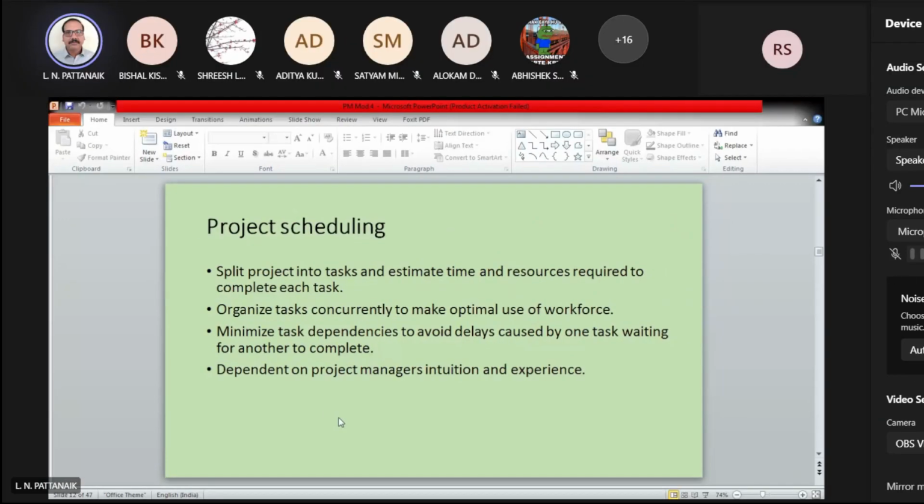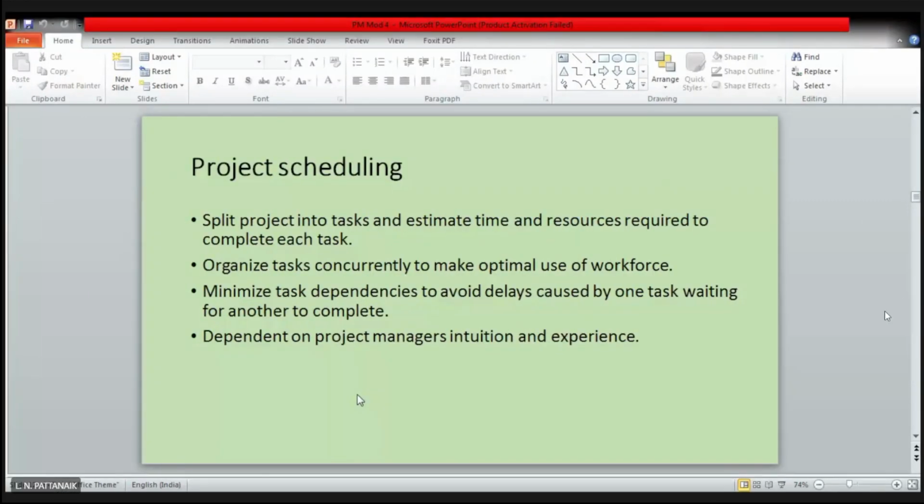It is not only that you have to break down the project into small activities or tasks, but you also have to attach some time, because that is a prerequisite. If you do not know what time you are going to take to complete one activity, how can you schedule it or plan it?